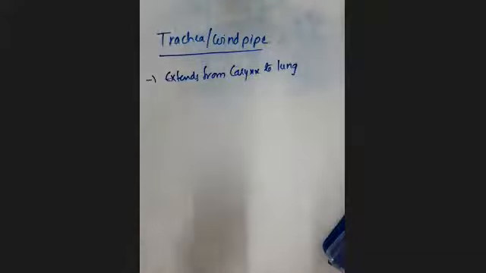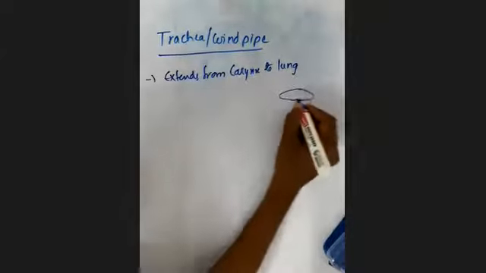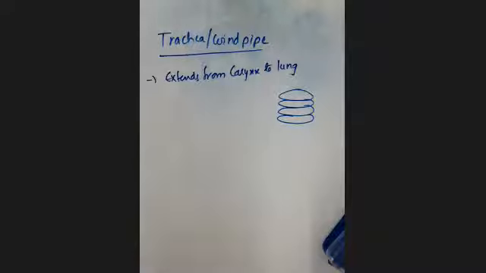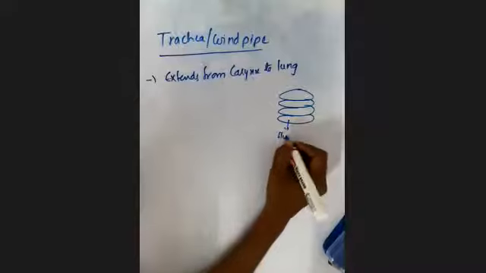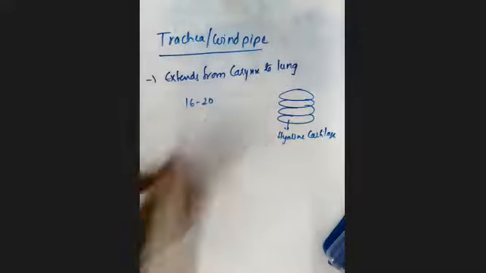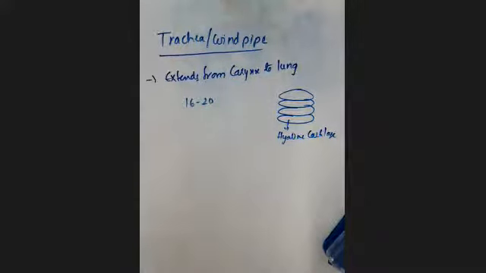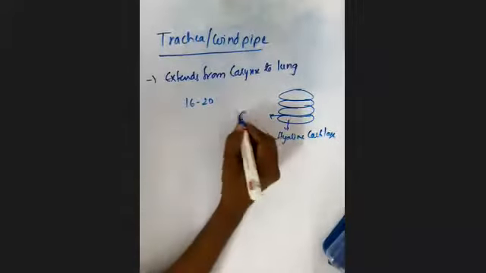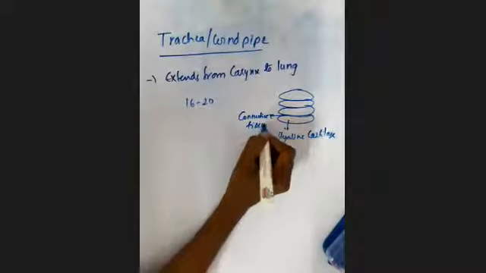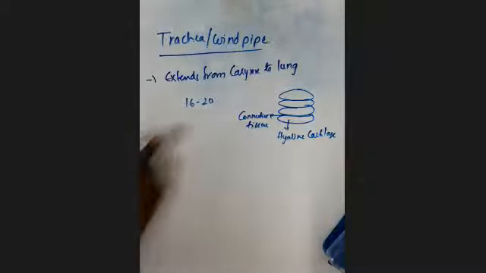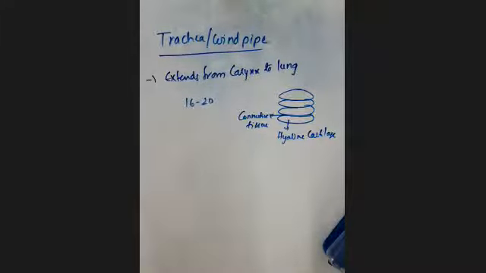Each of these individual pieces is a hyaline cartilage, around 16 to 20 of them, and they are connected together with the help of connective tissue. So it extends from the larynx to the lungs, formed by 16 to 20 stacked C-shaped pieces of hyaline cartilage connected by connective tissue.